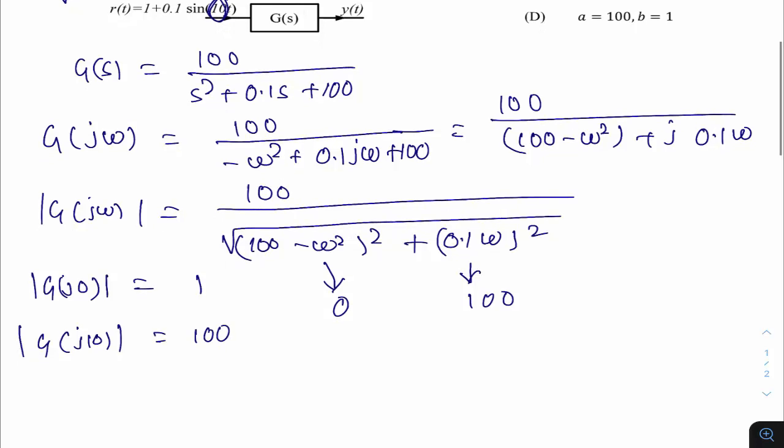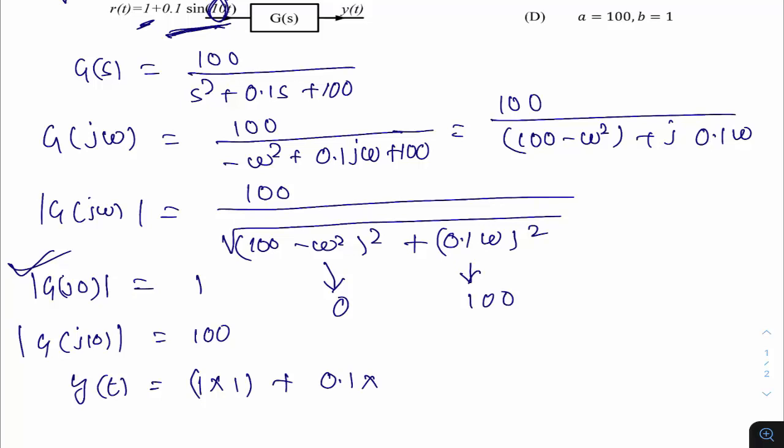So while finding y(t), what will we be doing? The input DC is 1, so 1 into the magnitude of G of j0, which is also 1. So 1 into 1, plus, for the sinusoid, the input magnitude 0.1 into the corresponding magnitude of the transfer function at frequency 10, which we got as 100.